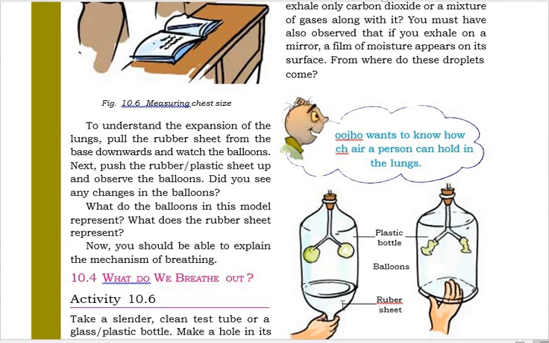To understand the expansion of the lungs, pull the rubber sheet from the base downwards and watch the balloons. Here that person is pulling the rubber sheet slowly downwards, and you can see the balloon filling with air.